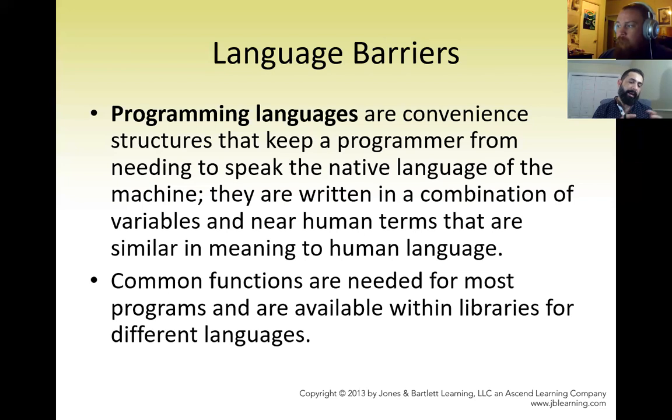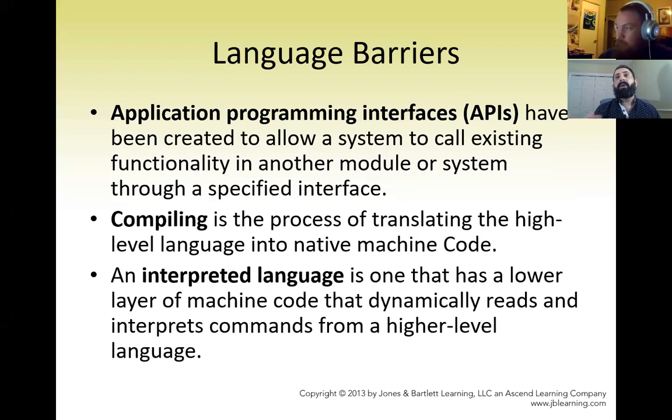So we can change the structure, but that code is the same, and that's why we call it a library. So there is a huge number of libraries. We have something called an API, which is application programming interfaces, created to allow a system to call existing functionality in another module or another system through a specific interface. What is the meaning of that?